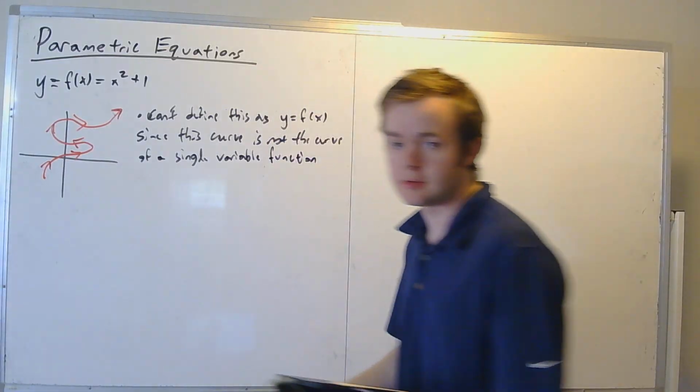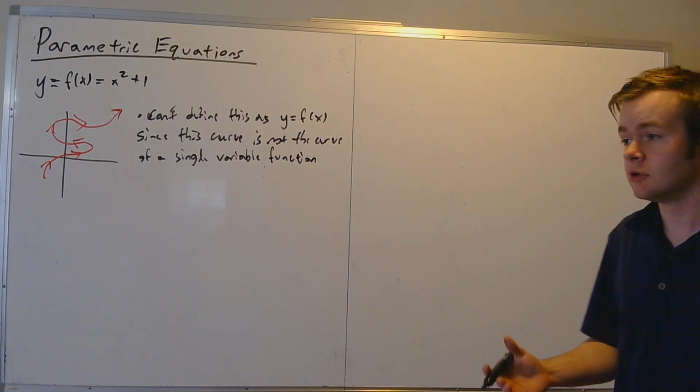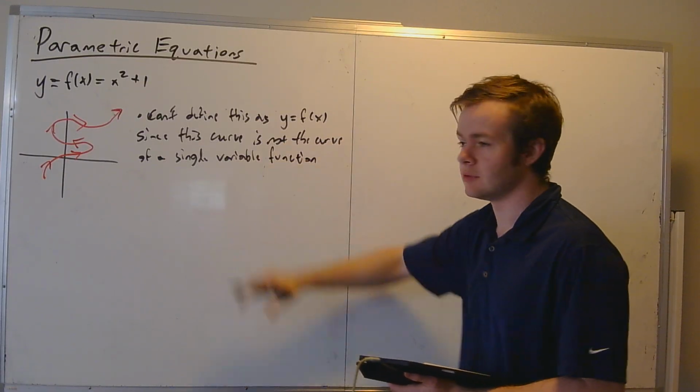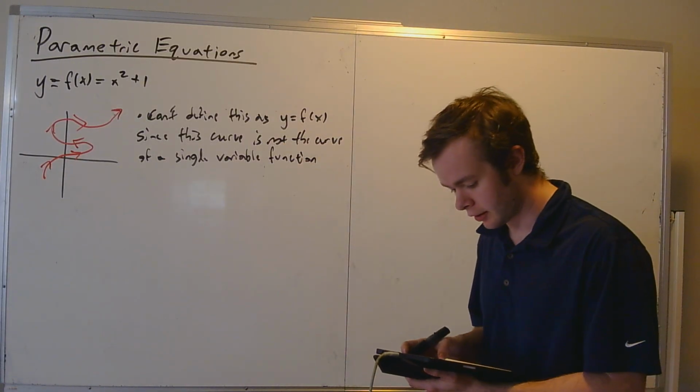And the reason for that, as I said, is because it doesn't pass the vertical line test, so it can't be a curve defined by a single variable like y equals f of x.